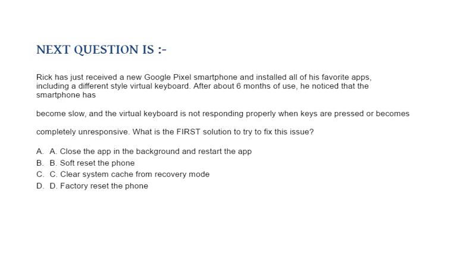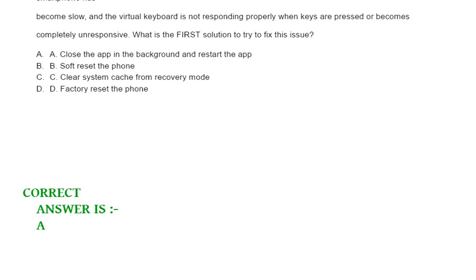What is the first solution to try to fix this issue? Option A, close the app in the background and restart the app. Option B, soft reset the phone. Option C, clear system cache from recovery mode. Option D, factory reset the phone. Correct answer is option A.